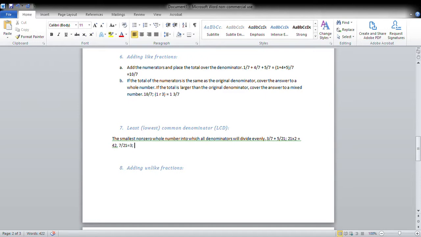So then 3 over 7 becomes 3 times 3 over 7 times 3 plus 5 over 21, which equals 9, not 8, 9 over 21 plus 5 over 21, which is the same as 9 plus 5 over 21, which ultimately ends up being 14 over 21.